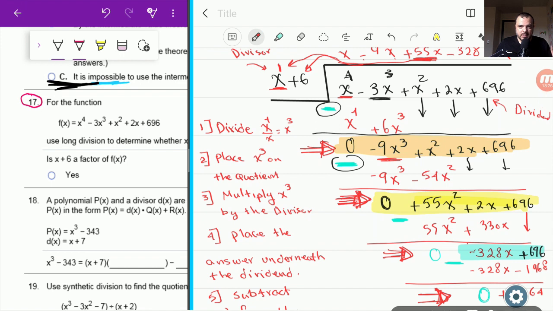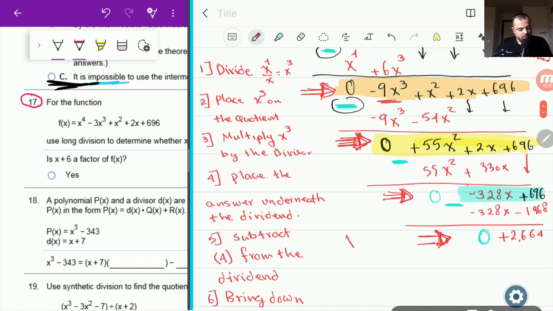No, it's less. As long as the new dividend has a degree greater than or equal to the degree of the divisor, you keep continuing. You stop when the new dividend has a degree less than the divisor.